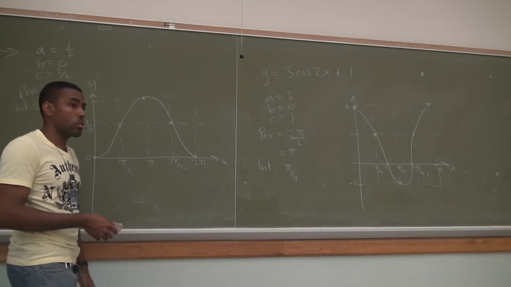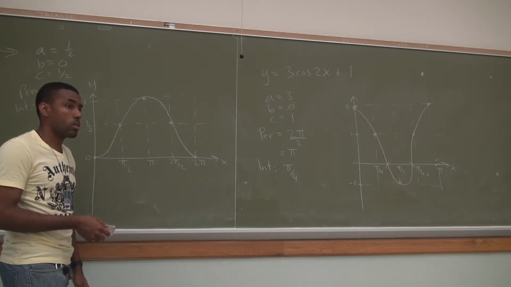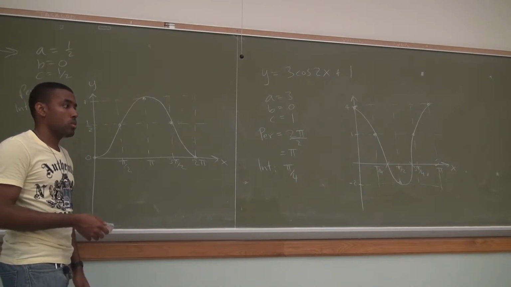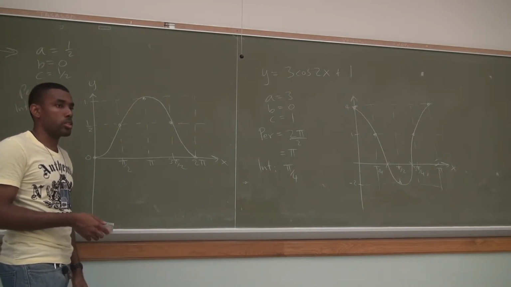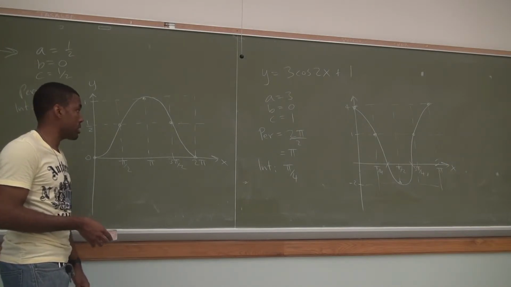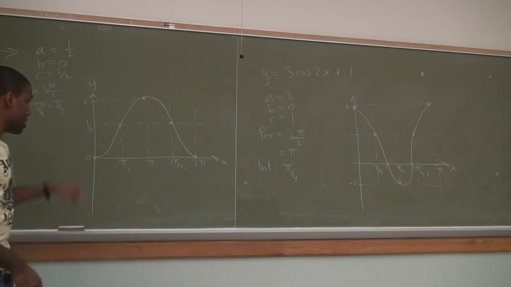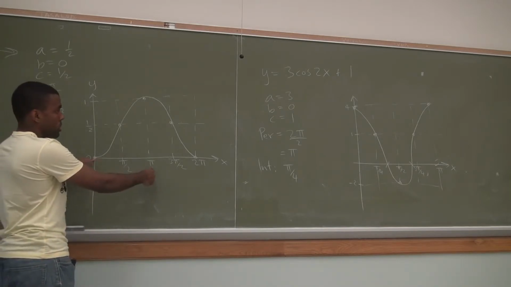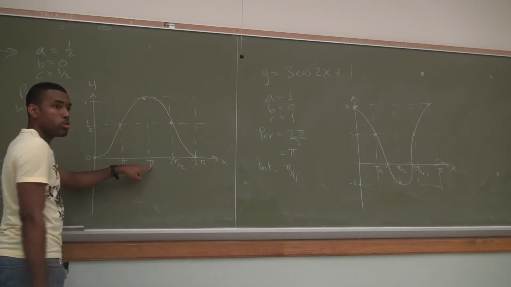For the decreasing and increasing functions, is it only for the linear function? No, any function can increase or decrease. And later on in the class we are going to determine when this happens. For example, in this function we can see we're increasing on the interval 0 to pi. We're decreasing on the interval pi to 2 pi.